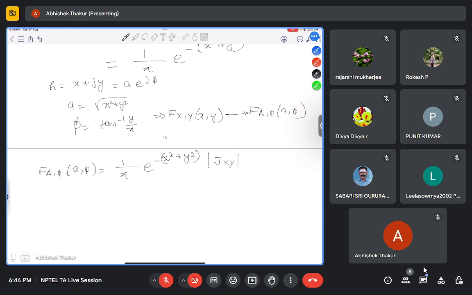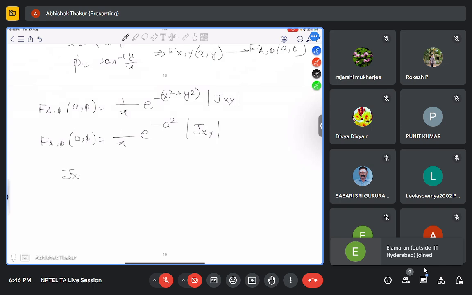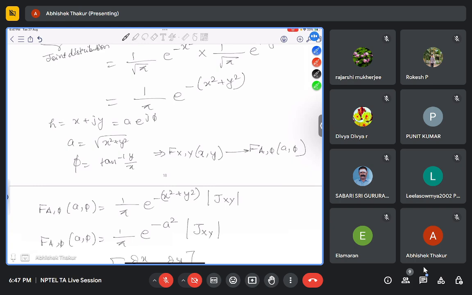So e to the power of minus (x square plus y square) will be a square, and we will find the Jacobian of xy. So we will get del x by del a, del y by del a, del x by del phi, and del y by del phi.